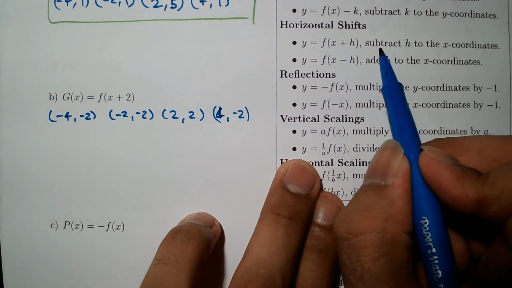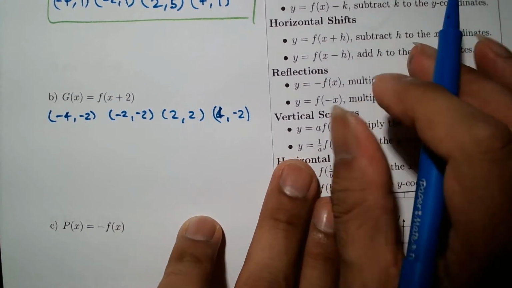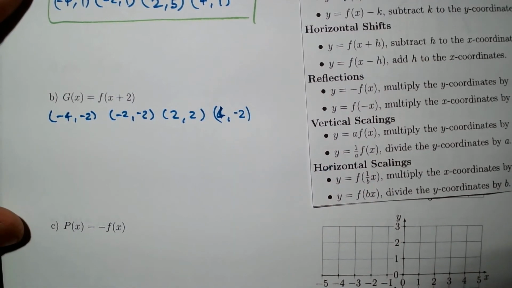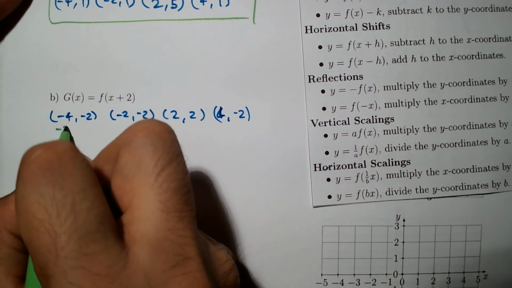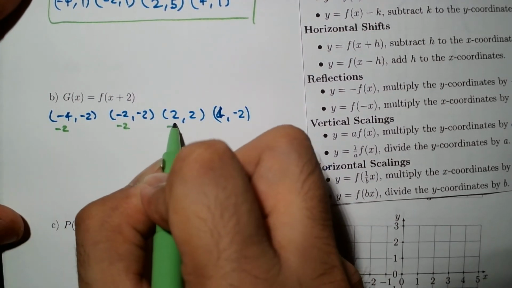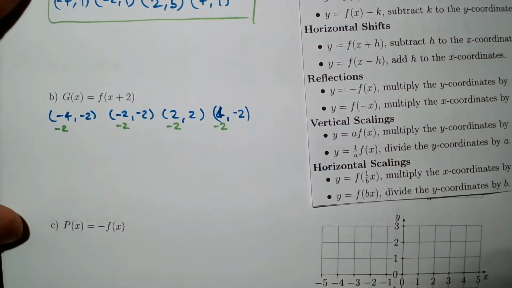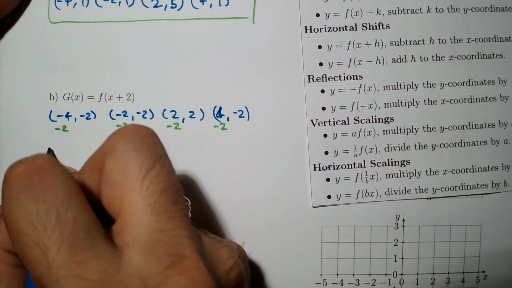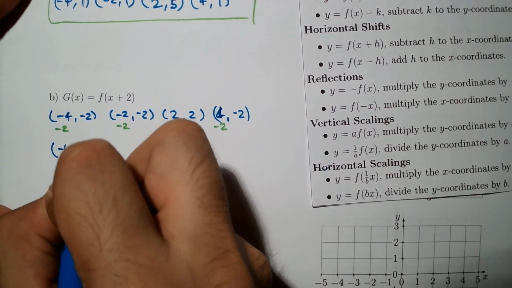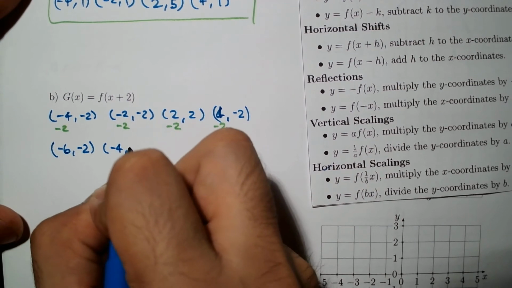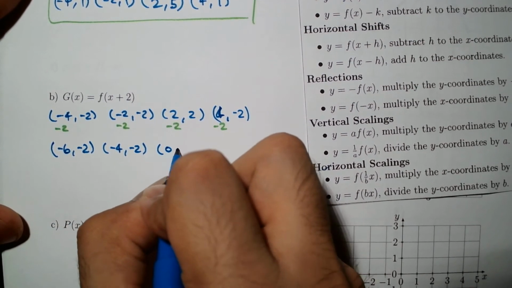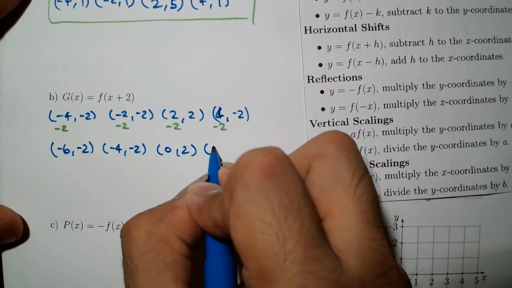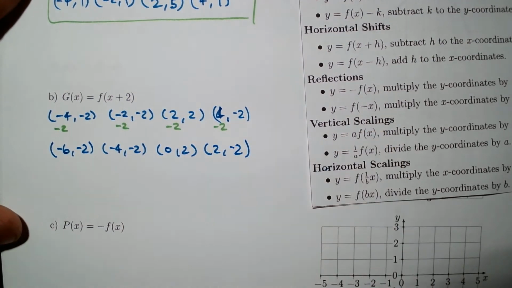We subtract h to the x coordinate. So in this case, minus 2, minus 2, minus 2, and minus 2 to obtain the following points: negative 6, negative 2, negative 4, negative 2, 0, 2, 2, negative 2.